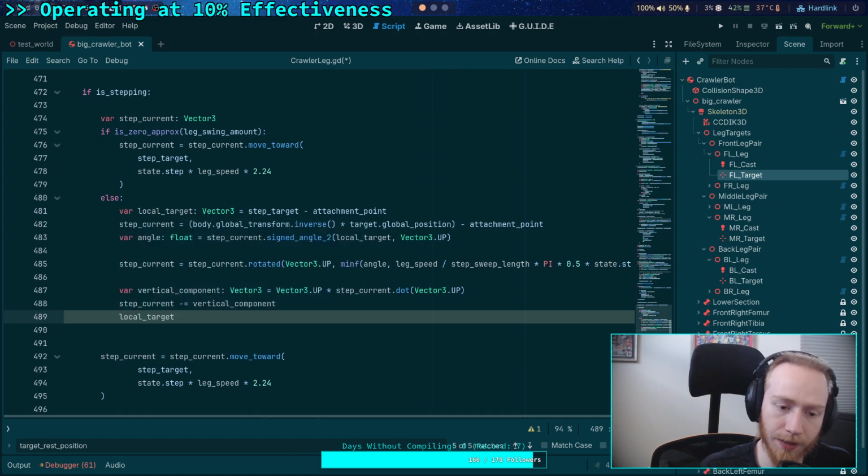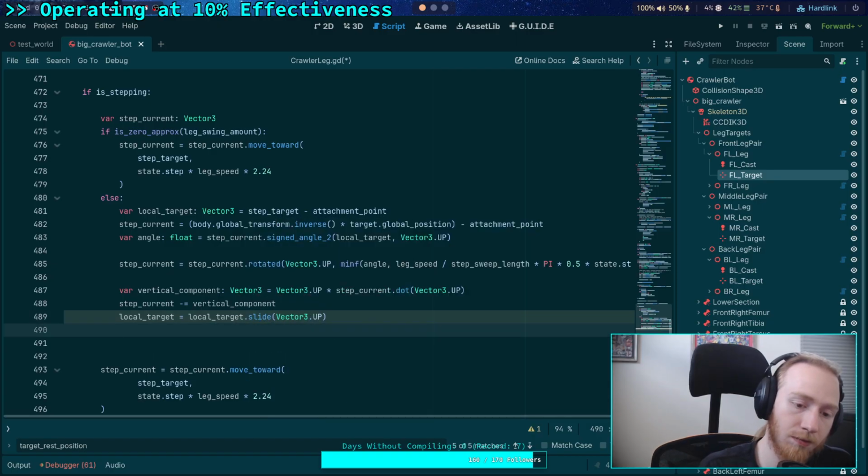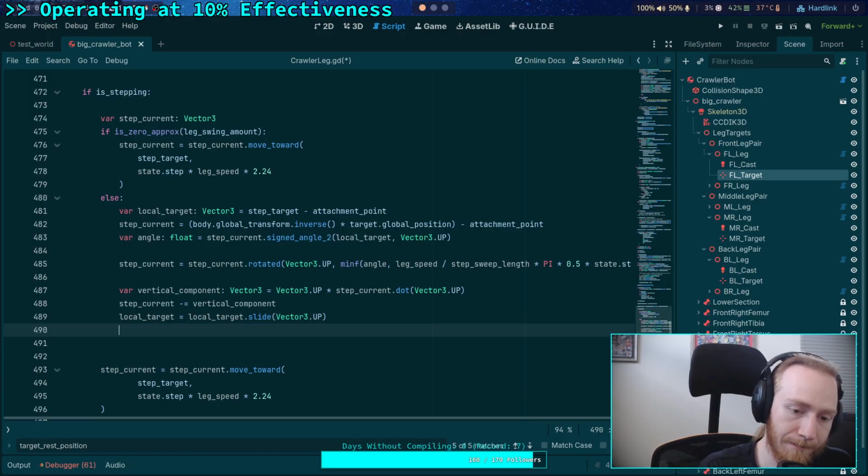I can just take it out right now. And now I want to change the length of vertical of step current to match local target.